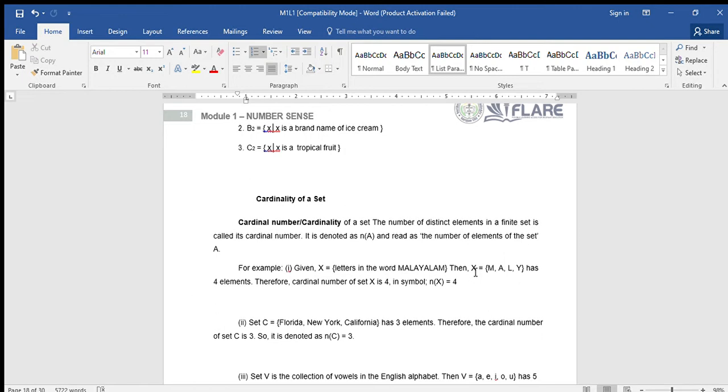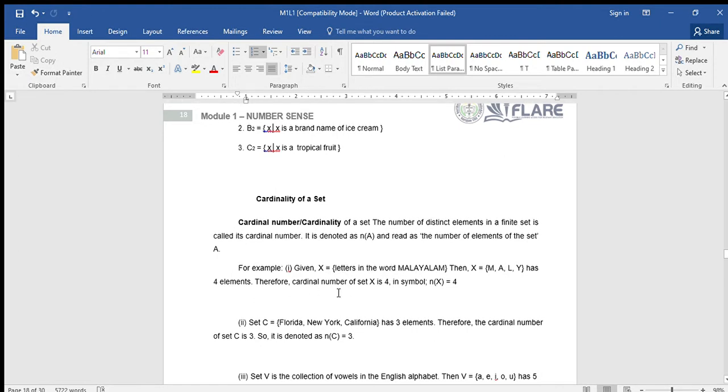So when we say distinct element, dapat ang mga elements nga naata kay dili mag balik-balik. So imo pangitaon si M, nakay duha ka M diha, pero paghimo nimo ng set here, isa ra ka M. Si A na si A, si L na si L, o si Y na si Y. So M-A-L-Y. So there are 4 elements in the letters in the word Malayalam.